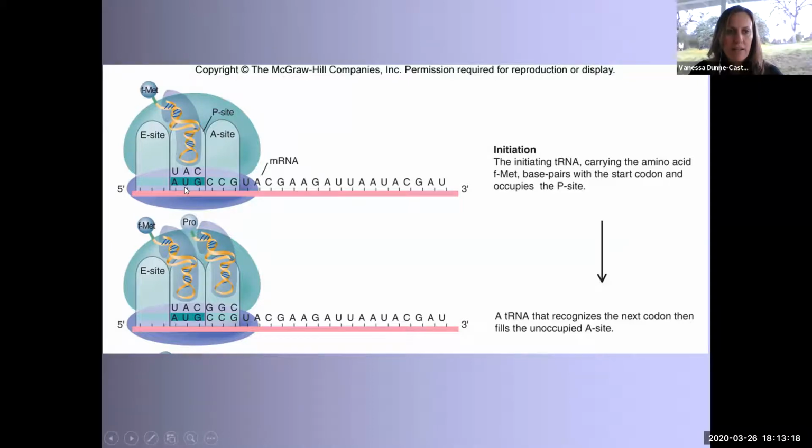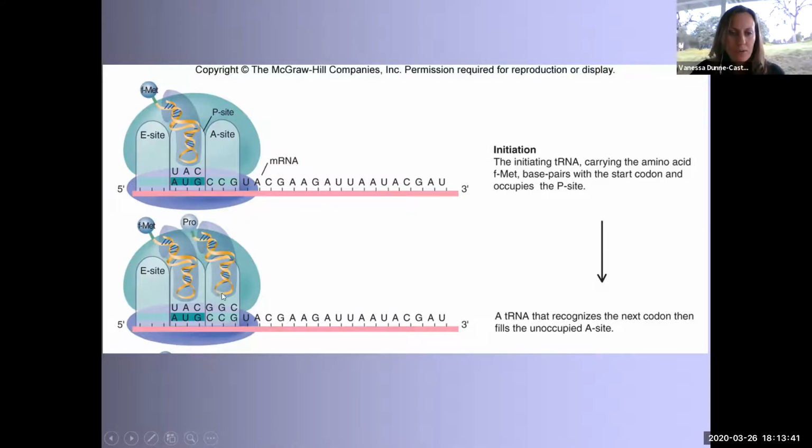Once this docking of the transfer molecule happens, that large subunit comes and sits down on top of this whole complex, and now you have the beginning of elongation. So this is the initiation, and now we can have elongation. Elongation occurs where incoming transfer molecules come and dock at that A site or acceptor aminoacyl site, right? So they come and dock here.